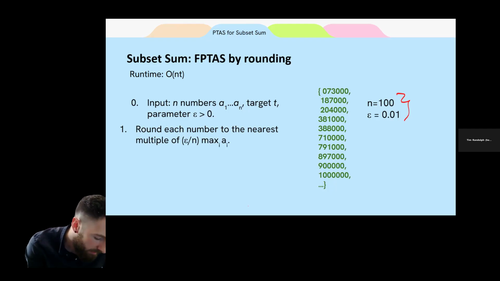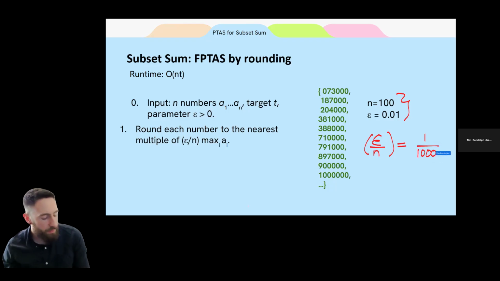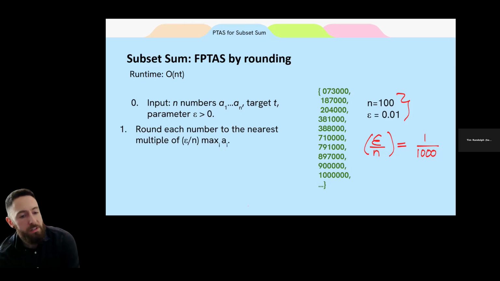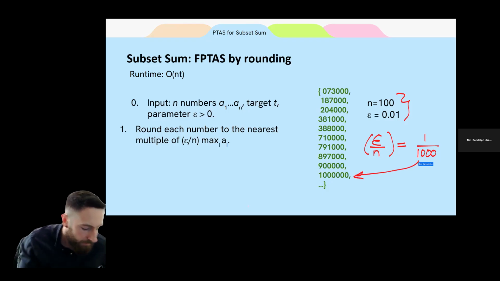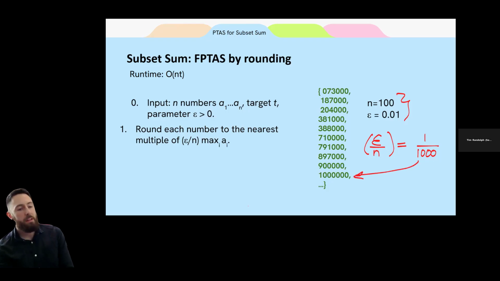So in particular, here epsilon over n is 1/1000th. So we'll round each number to the nearest multiple of 1/1000th of the largest input number. If the largest input number is 1,000,000, then we're just rounding all of these input numbers to the nearest 1,000.